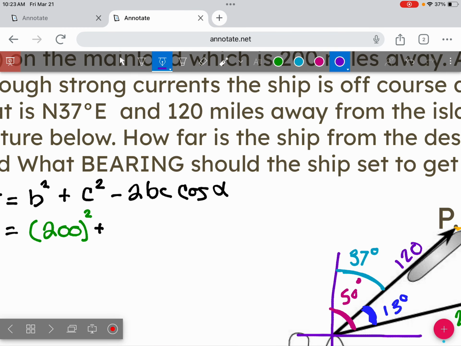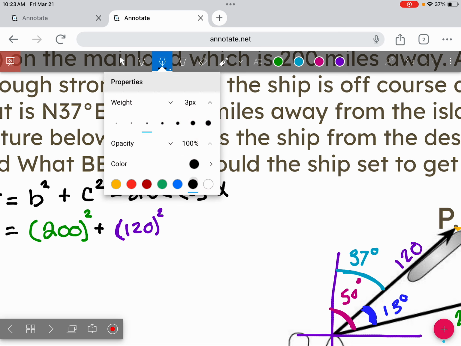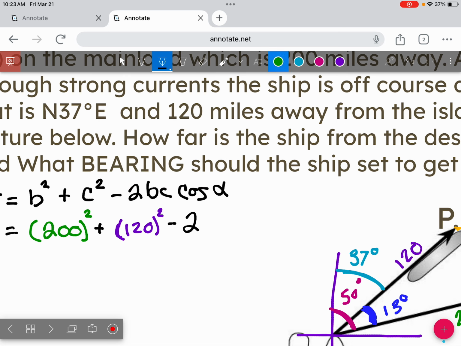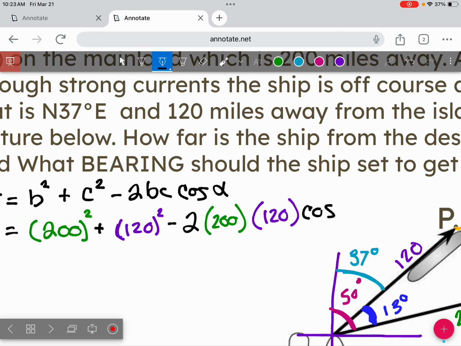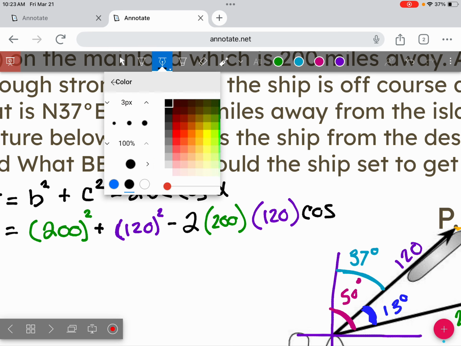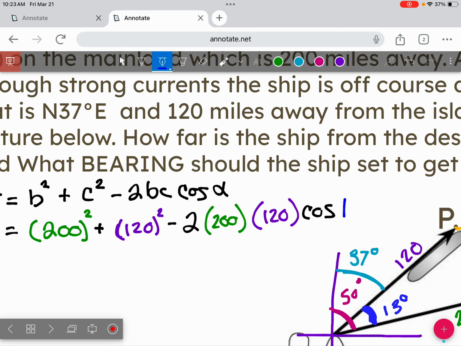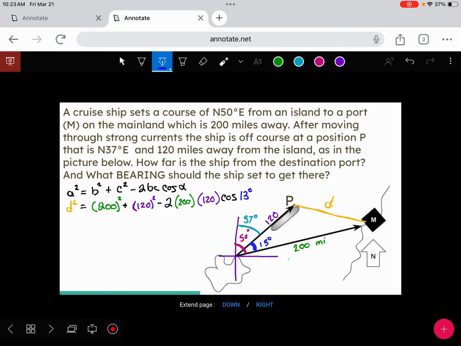And our 120 squared minus 2 times the 200 times the 120 cosine of our 13.